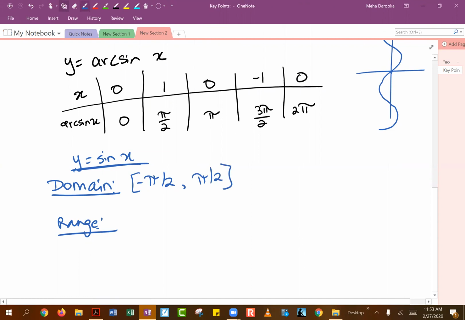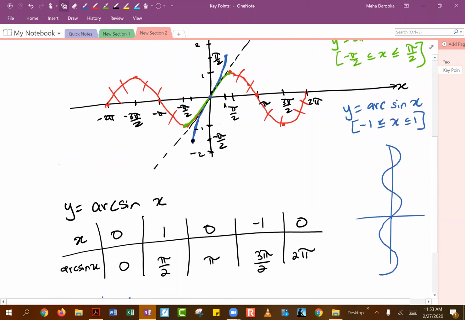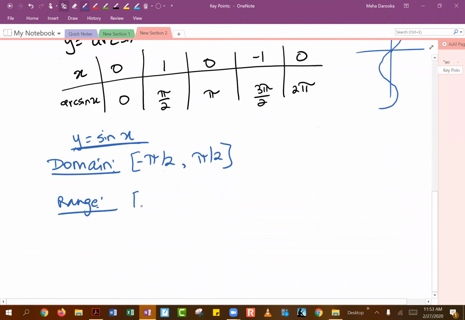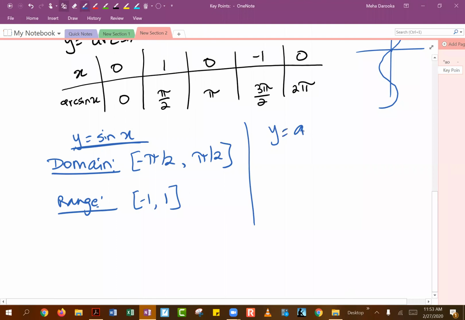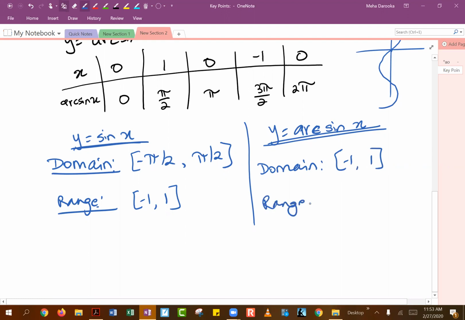And what would be the range for the sine function? Very good. -1 to +1. And then what becomes of the arcsine function for the domain and range? Very good. Yeah, so same idea of interchanging our x and y values. All righty, very good.